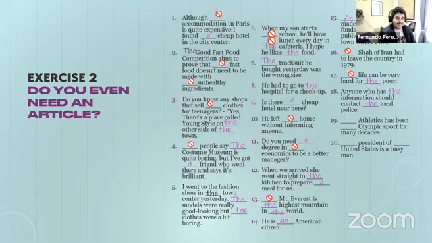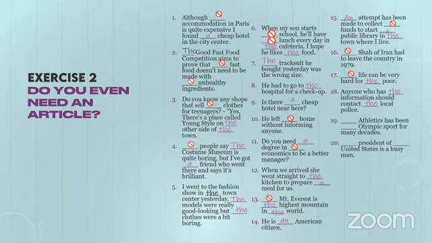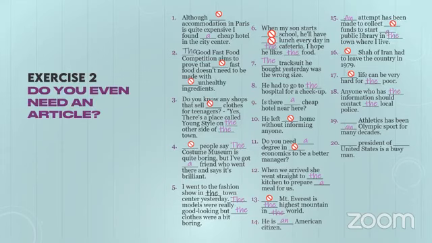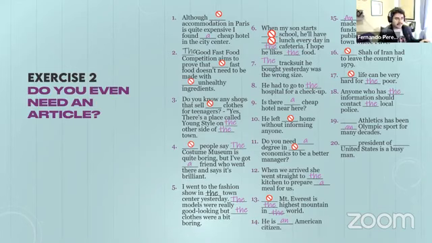Exactly, but Olympic starts with O: A, E, I, O, U. And the first one? Did you say athletics or an athletics or the athletics? Without. You are so correct, man. Very good.